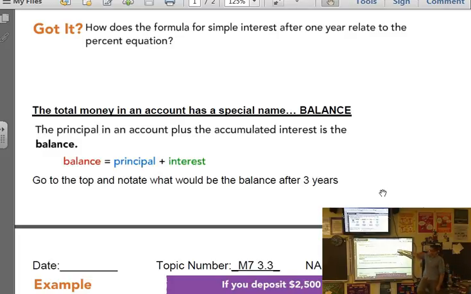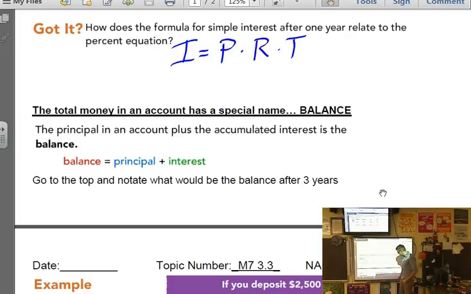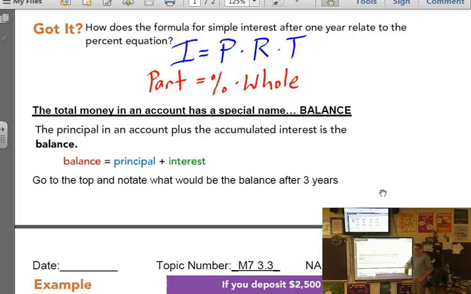No. So if I set up my interest formula, just go ahead and set this up. I equals P times R times T. We had another formula that we've been using a lot, and it's one of the ones over on my chalkboard. To find a part, I need percent times whole.